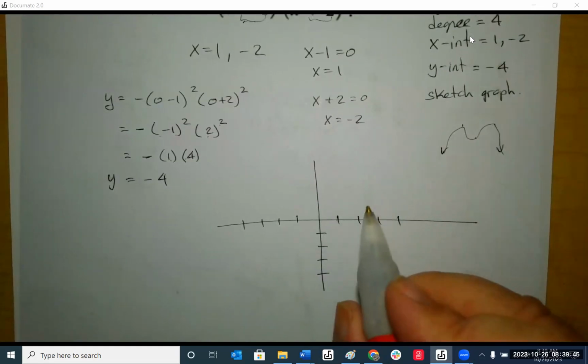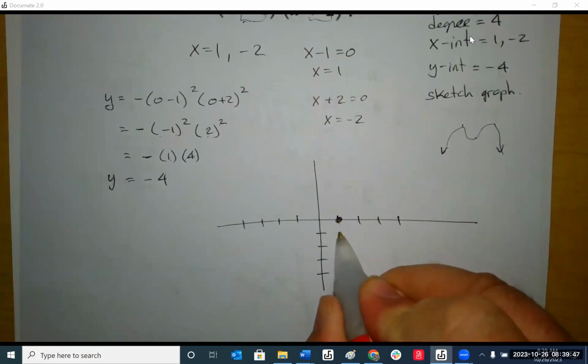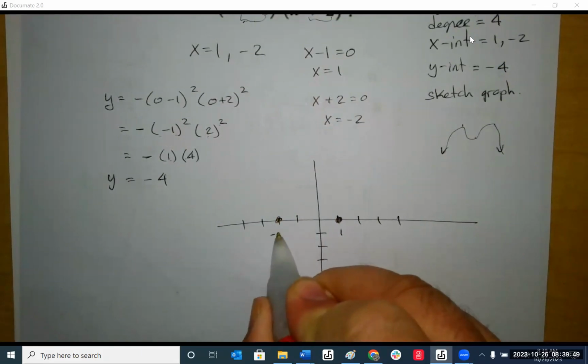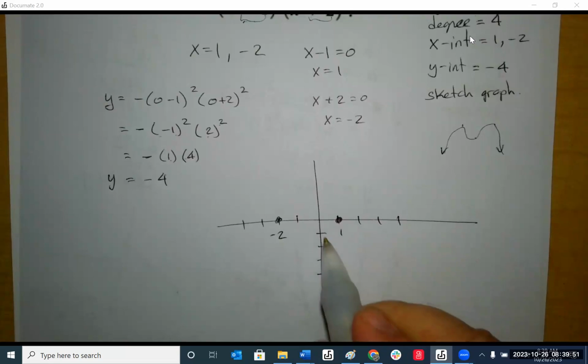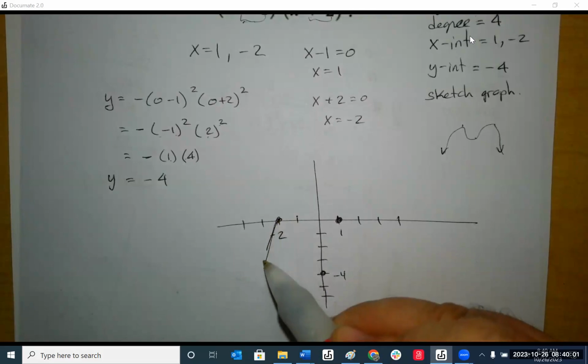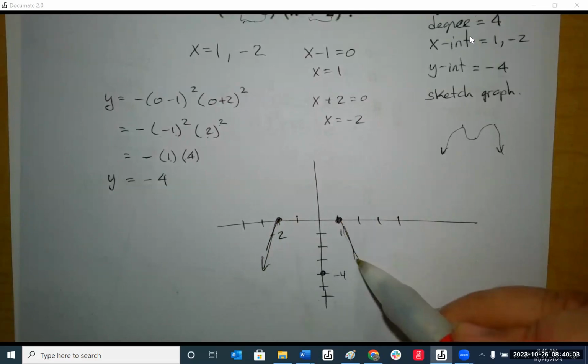So we have our x-intercepts at 1 and -2. We have the y-intercept at -4. And we know at both ends, the graph goes down.